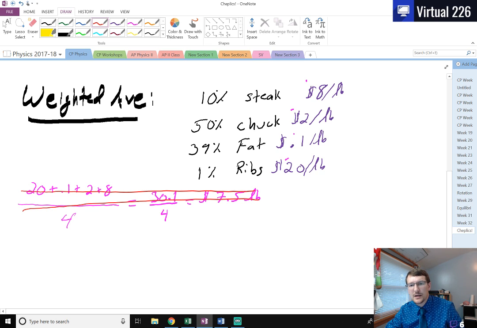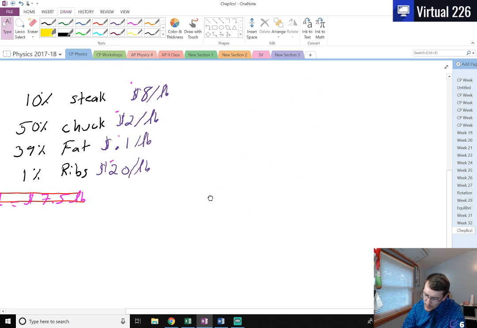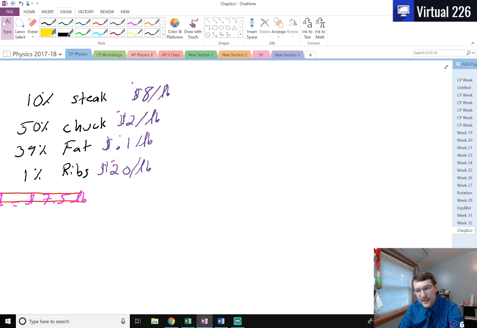We're going to see here that we should get a different answer due to the weights. What we have to do for a weighted average is consider each of these weights in the calculation. Yeah, it's $8 for a pound of steak, but whenever you butcher your cow, you're not just getting steak there. Only 10% or 0.1 of the cow is steak. Remember, whenever you have a percentage, that means the decimal bounces over twice.